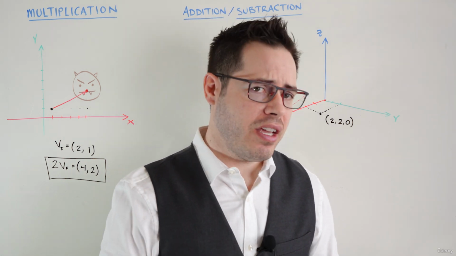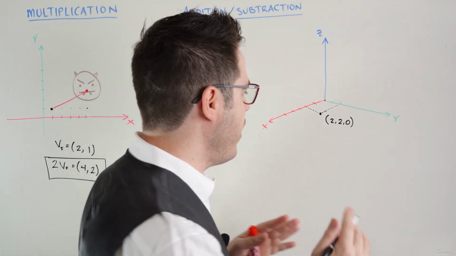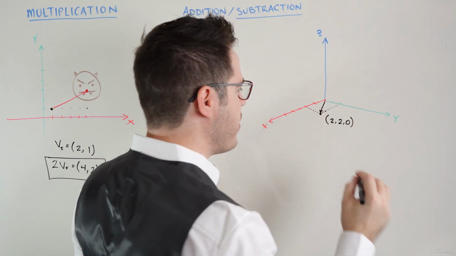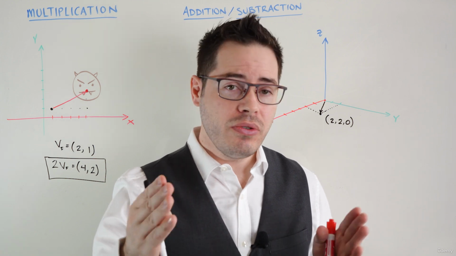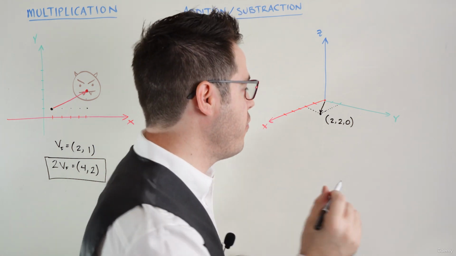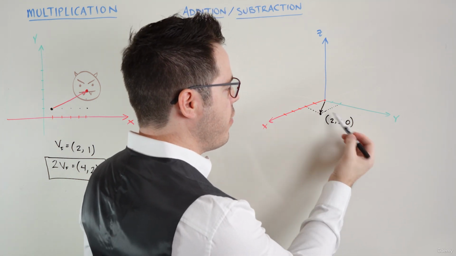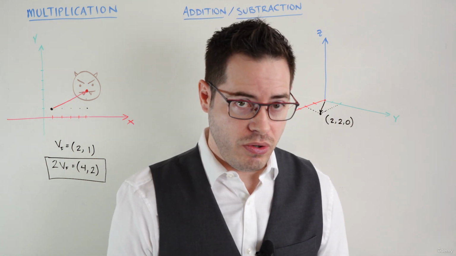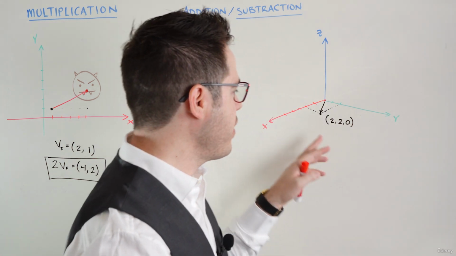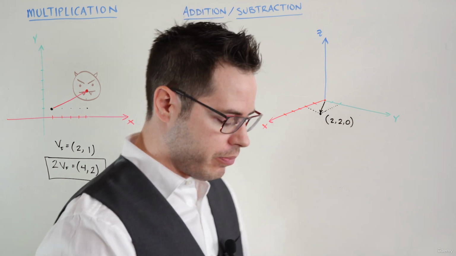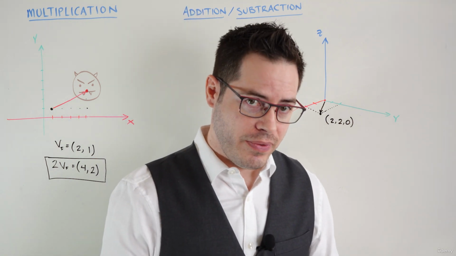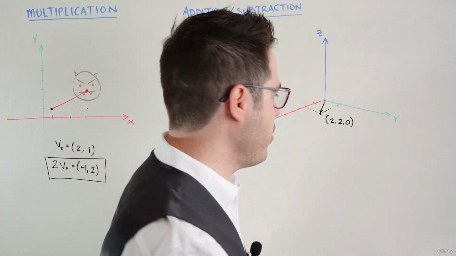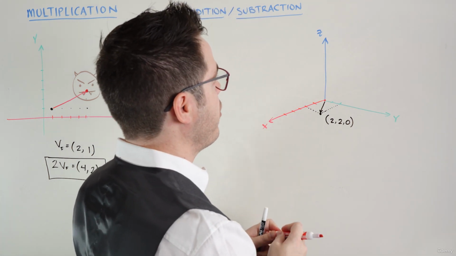We can always think of a position vector as a vector starting at the origin and ending at that point in space. So the point 2, 2, 0 can be represented by the vector 2, 2, 0 if we place that vector such that its tail begins at the world origin. Now, we have this character at 2, 2, 0. Let's say they have a rocket launcher. And the rocket launcher can be described by a vector that represents its trajectory.